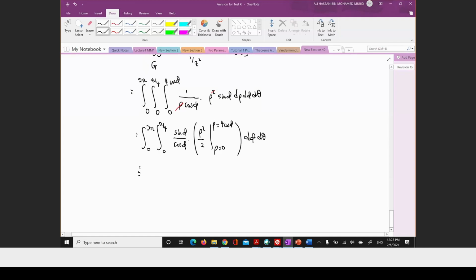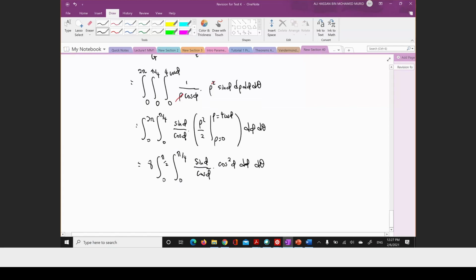If we substitute rho is 4 cosine phi, so rho squared is 16 cosine squared phi. Divide that by 2, we get 8, so I can pull out the 8. We have sine phi over cosine phi times cosine squared phi, d phi d theta.